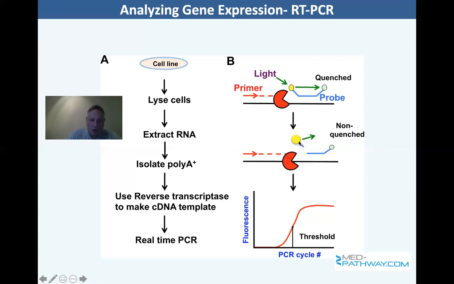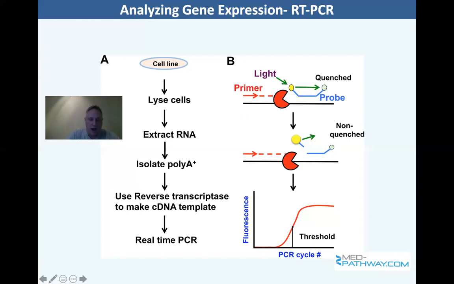When it does so, it clips the probe such that you release the 5' fluorophore, and as you shine light on it, this one has been dissociated far enough in space that it can no longer be quenched. Then you can start measuring fluorescence, and at a certain number of PCR cycles, you can detect an actual threshold number of fluorescent events. The threshold is considered the minimum it takes in order to detect your signal.